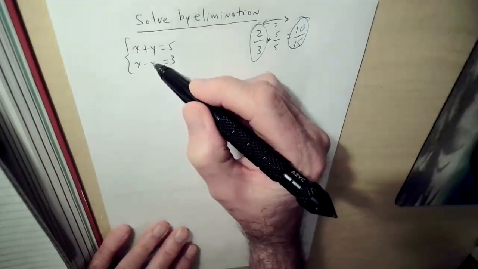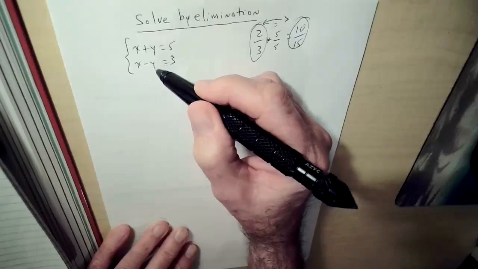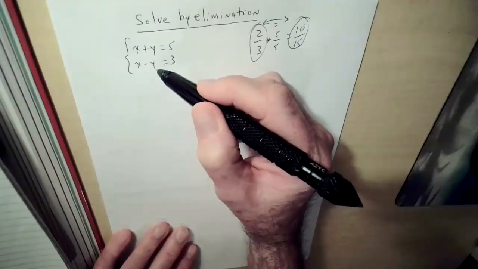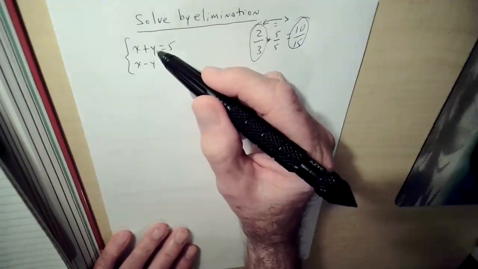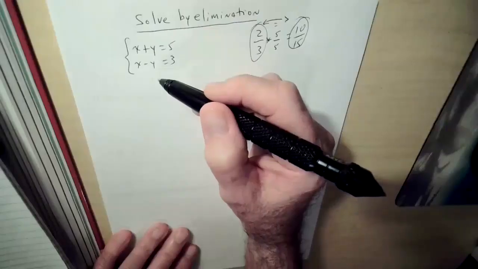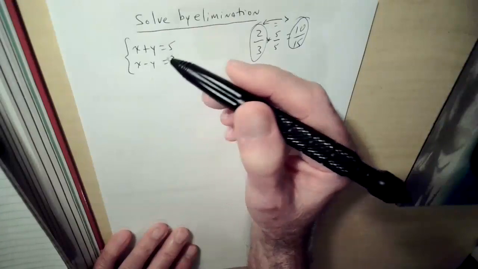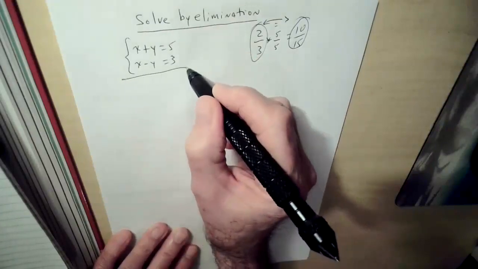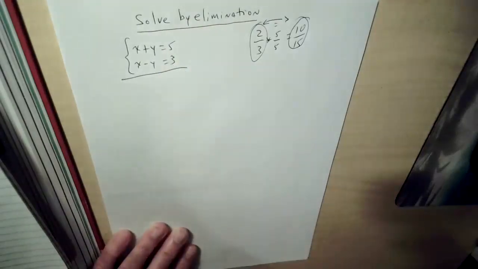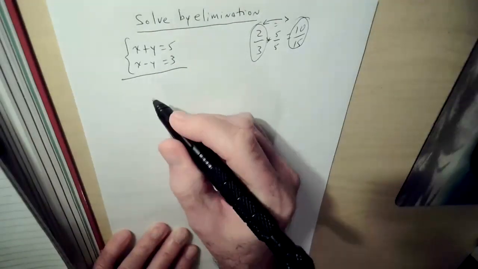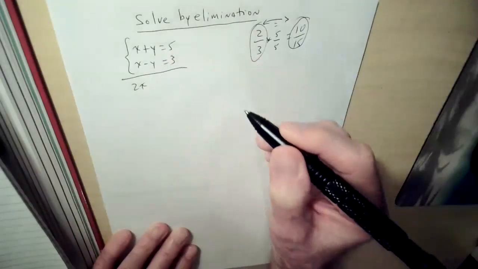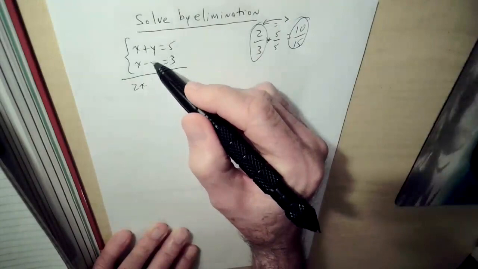Because look, y minus y is, remember, we're going to add these two equations together, and when we do, it's going to eliminate or get rid of one of the variables. Am I going too fast? Everybody with me? Okay, so we're going to add these together. x plus x is 2x. y minus y is 0.